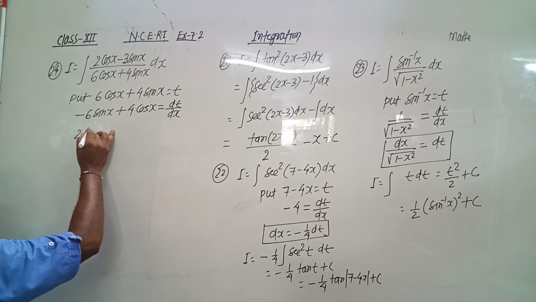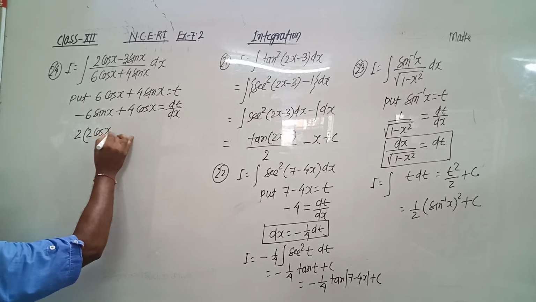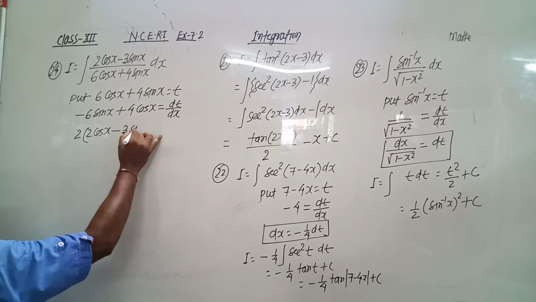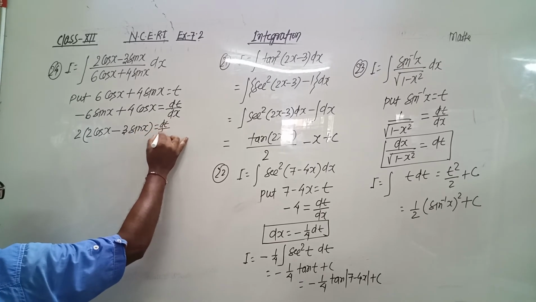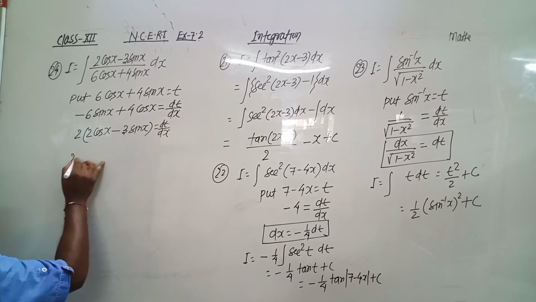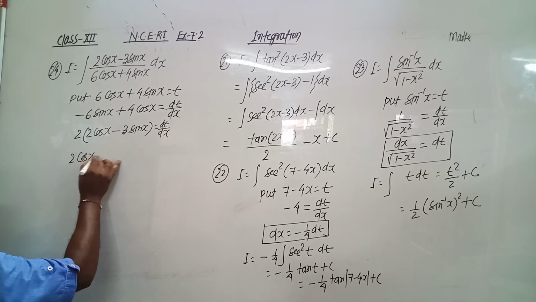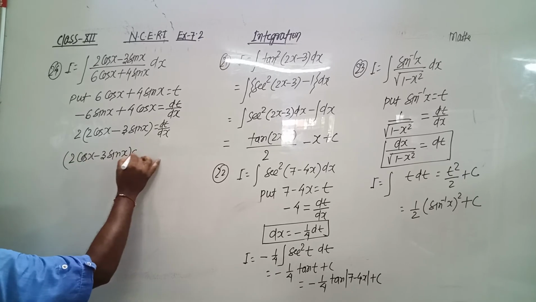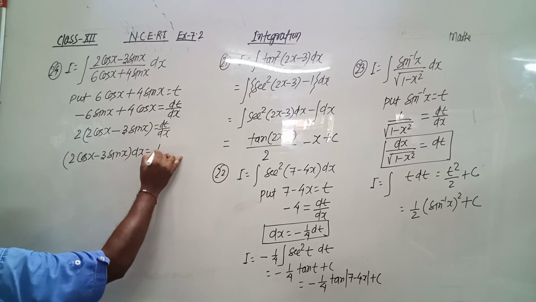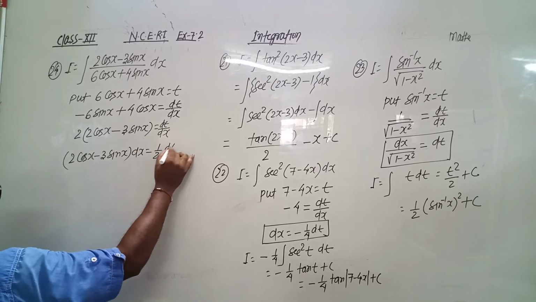So 2 cos x minus 3 sin x equals dt by dx, and 2 cos x minus 3 sin x dx equals 1 by 2 dt.